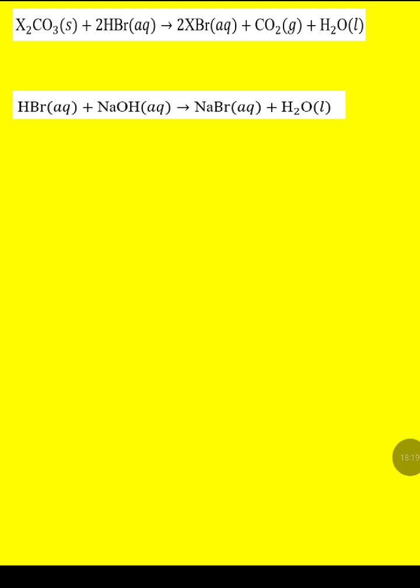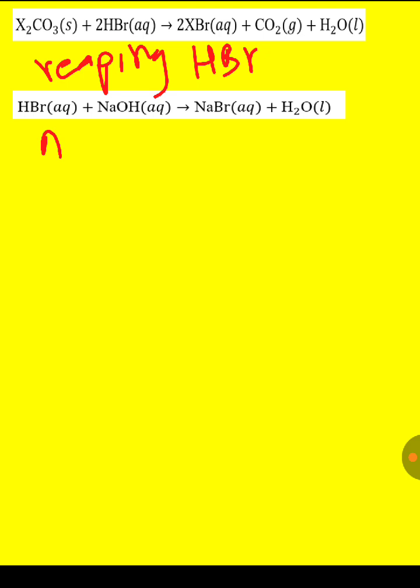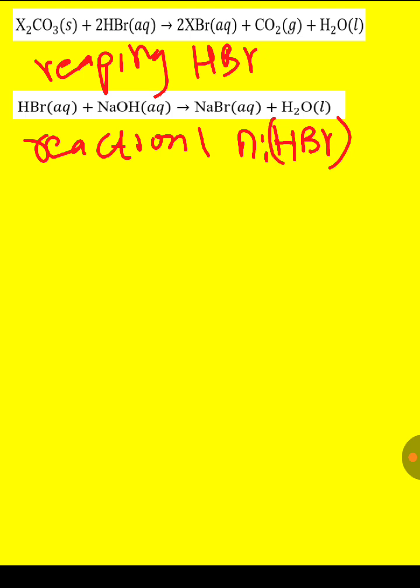Then, to summarize what we just did: first of all, I identified the repeating substance. In this case, it was HBr. Then I went to reaction 1 and found the number of moles of HBr, and those are the initial number of moles. Then I went to reaction 2.